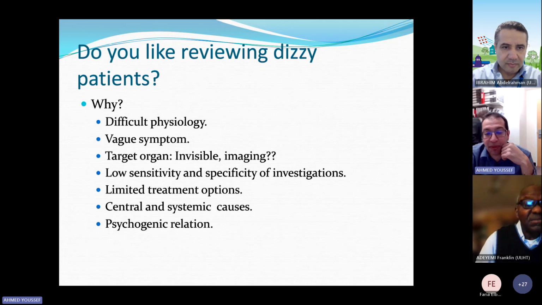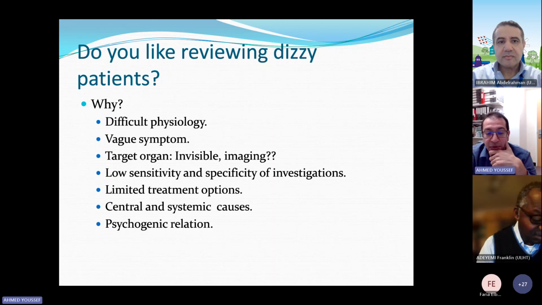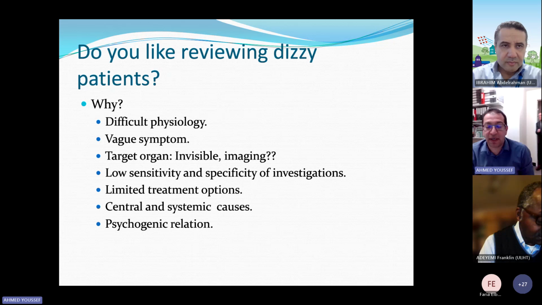But the problem is that you try to slot the patient into one of those ENT slots while you can't, because it could be something not actually related to ENT. Also, the significant association between dizzy patients and psychogenic causes or mental health issues, including anxiety and depression, makes these patients very difficult to deal with.